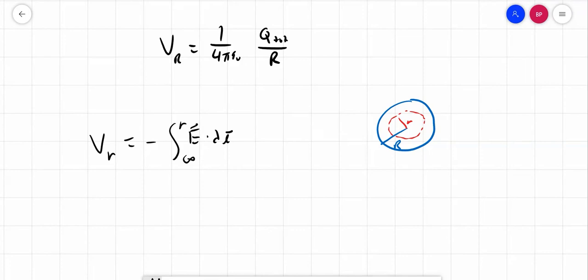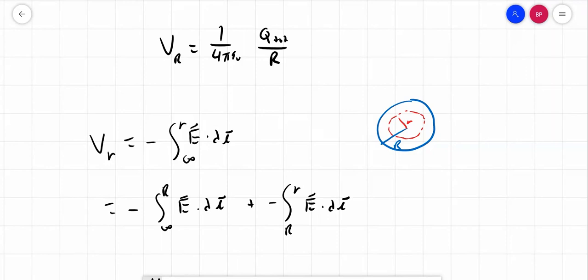And I can split this integral up, because this electric field has a different form outside than it does inside. Let's have one integral over the outside and a different integral over the inside. So I can go from infinity to capital R, but only if I then go, so it's plus a negative, from capital R to little r.